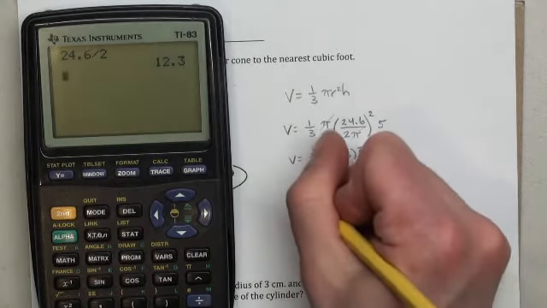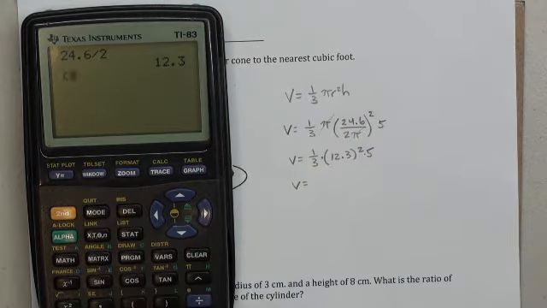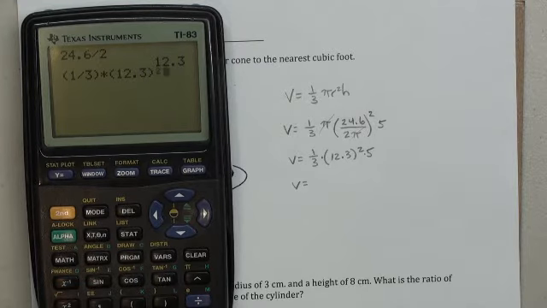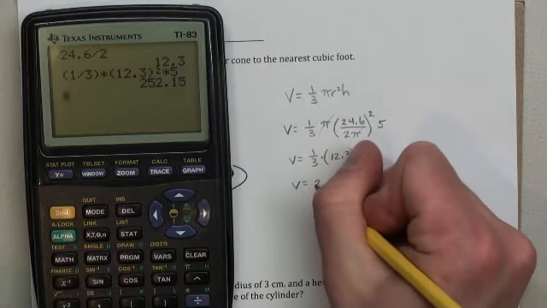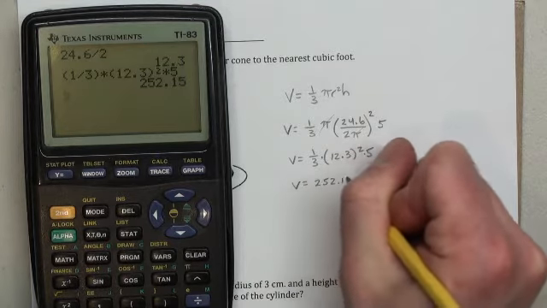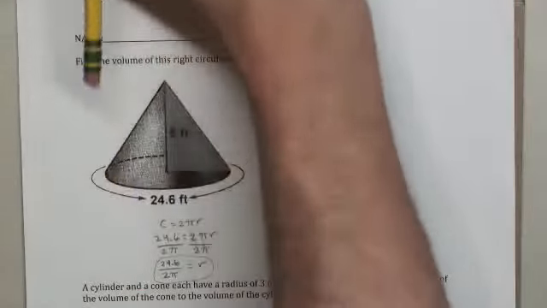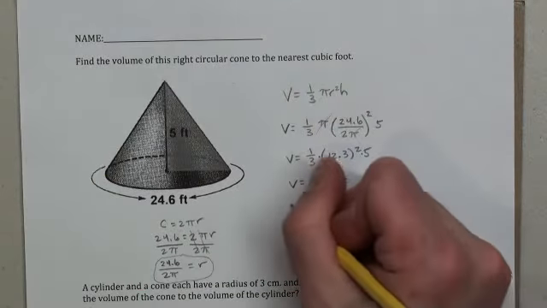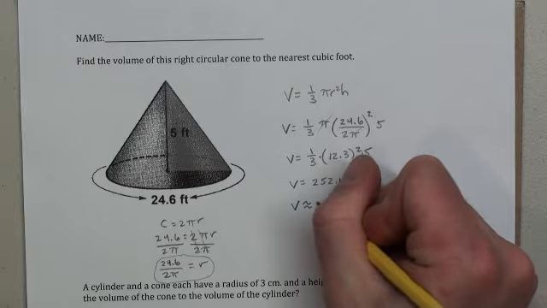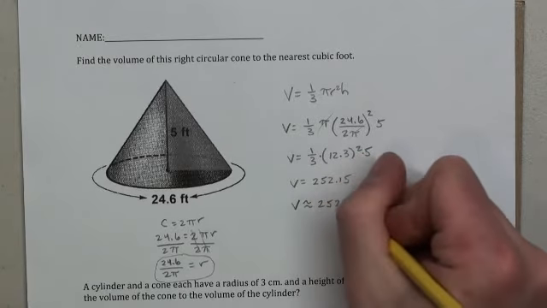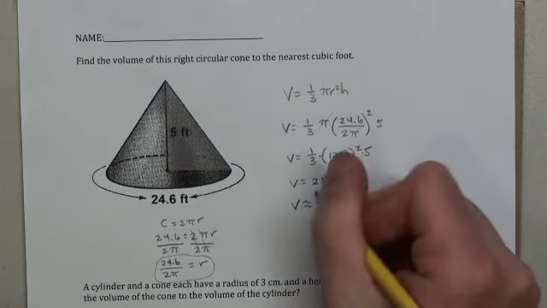So the volume equals, watch how I put my 1/3 in parentheses, 1/3 times, in parentheses, 12.3, squared, times 5. And I get 252.15. I have to round to the nearest cubic foot, so the volume is approximately 252 feet cubed.